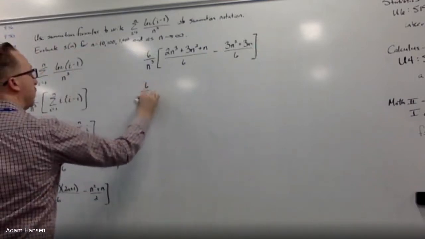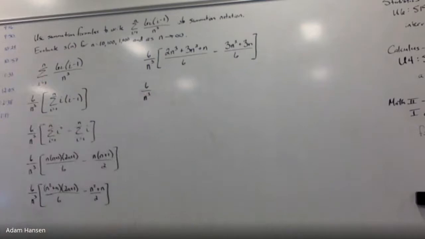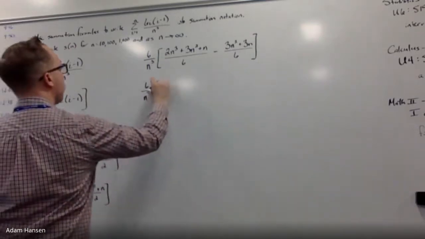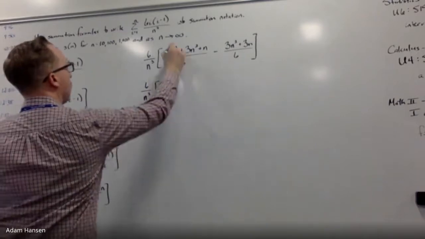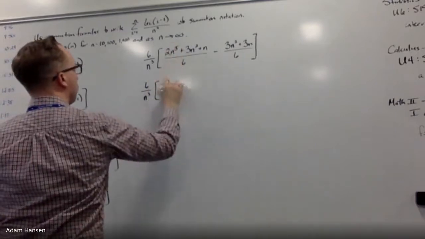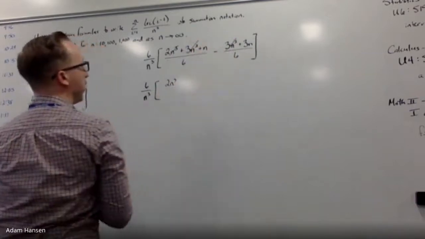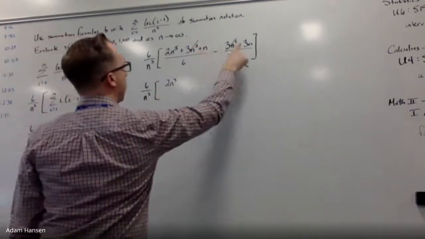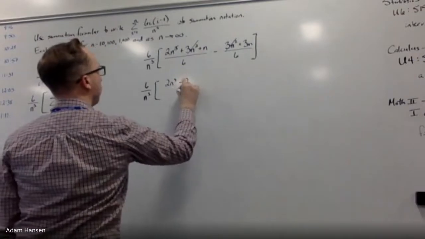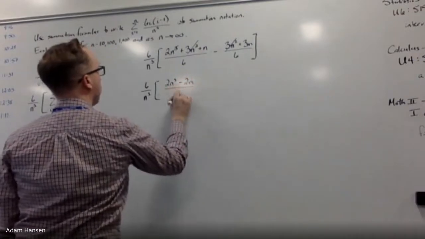With 6 over n cubed out in front, we have 2n cubed. 3n squared minus 3n squared cancels out. 1n minus 3n is negative 2n, all over 6.